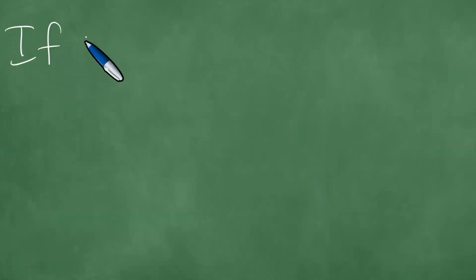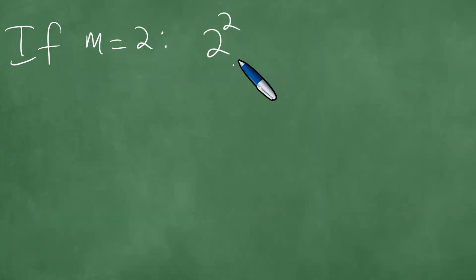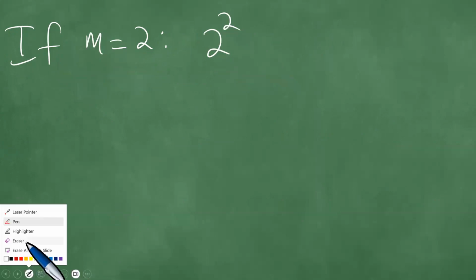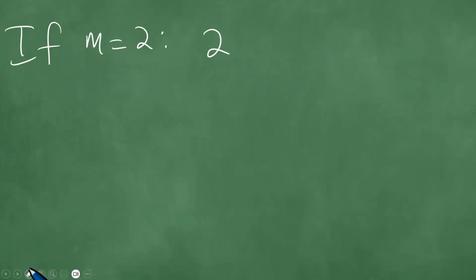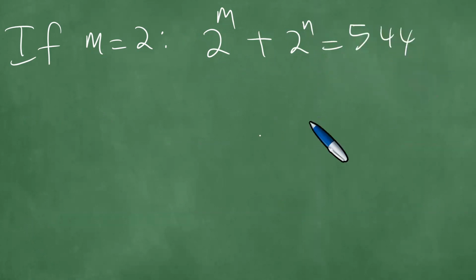Now we continue and say, if m is 2, we have 2 to the power 2. Let's start by writing the given question: 2 to the power m plus 2 to the power n equals 544.